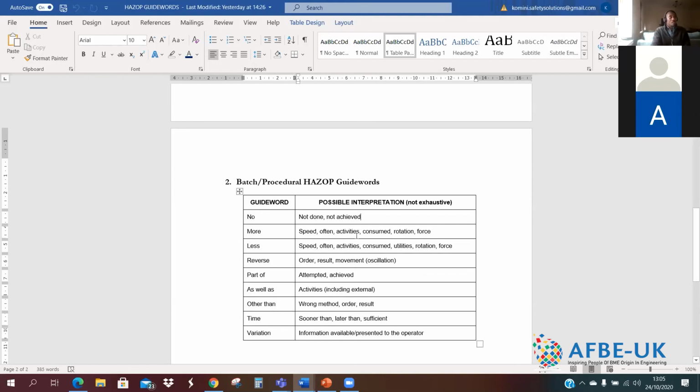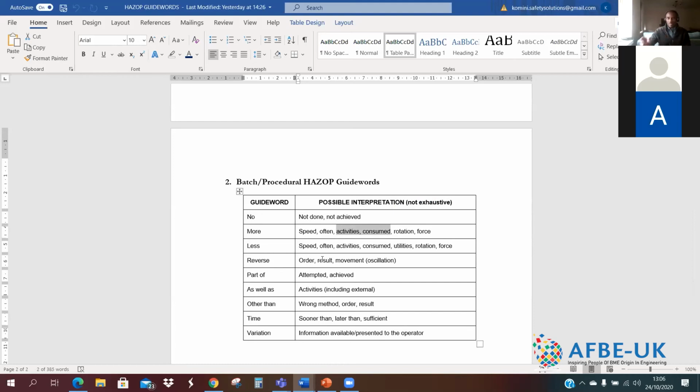More activities: how often do you have to start and restart a particular unit? Looking at how much of your material is consumed, rotation, force, and all of those sorts of things. Some of these guide words are very generic at this stage. When you are actually doing your batch HAZOP, you're looking at the particular steps, each of the steps that you're using to do that particular operation.